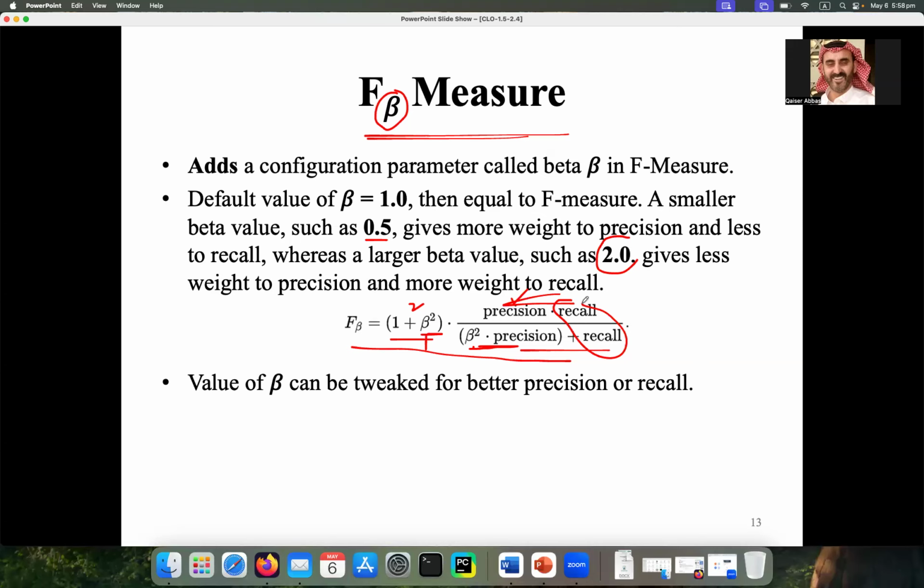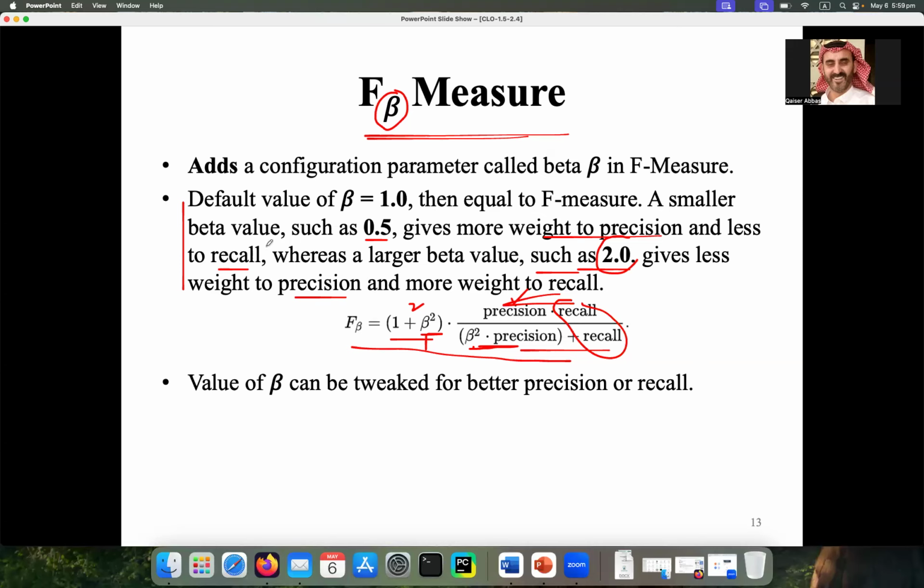I'm not going to discuss it; you can do it by yourself. If you put these values in, you will understand why the weightage of precision becomes larger than recall, and why when you insert 2, the weightage of recall becomes larger than precision.